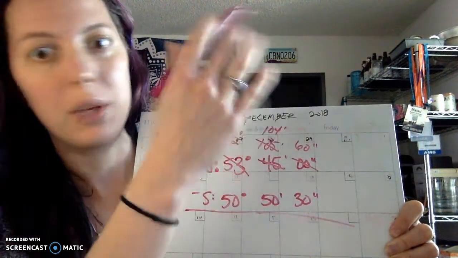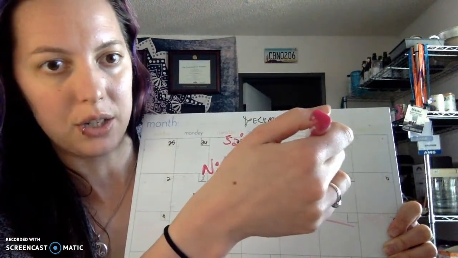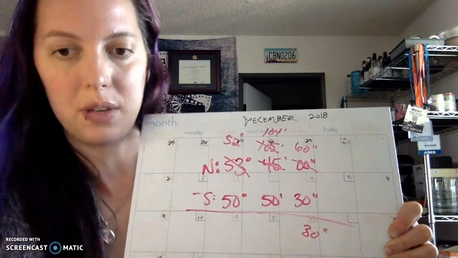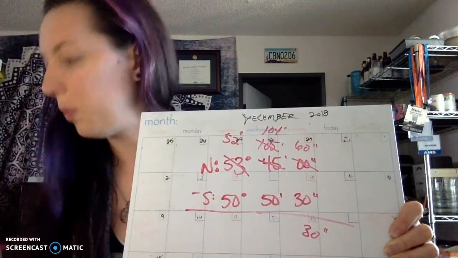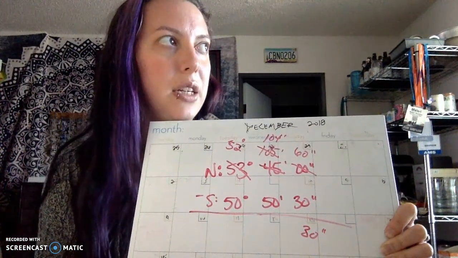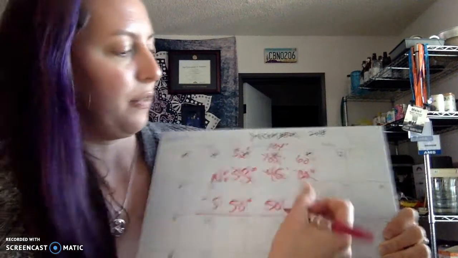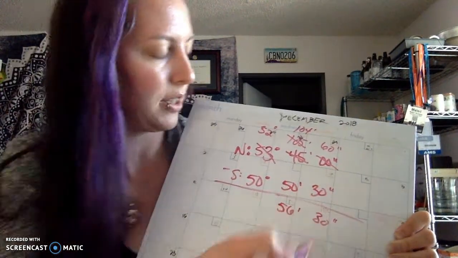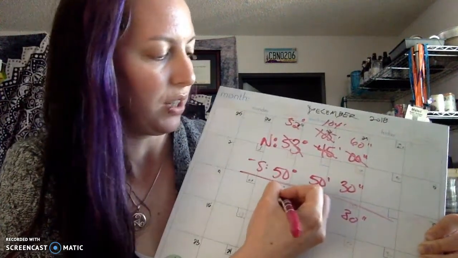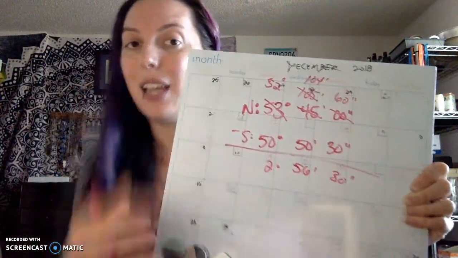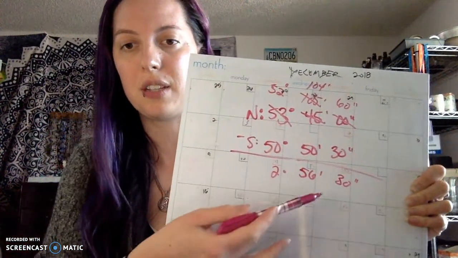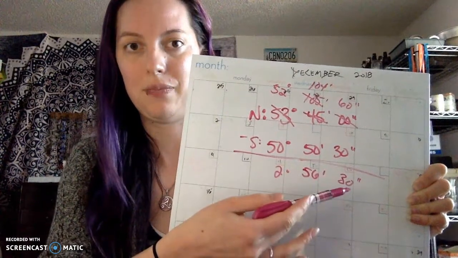So now we can properly do subtraction, right? 60 minus 30 is 30, so we have 30 seconds. 104 minus 50 is 56 minutes. And 50 minus 52 is 2. So the length of my north to south map is 2 degrees, 56 minutes, and 30 seconds.